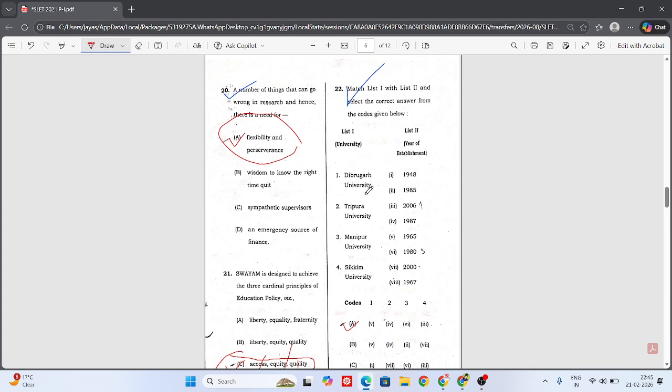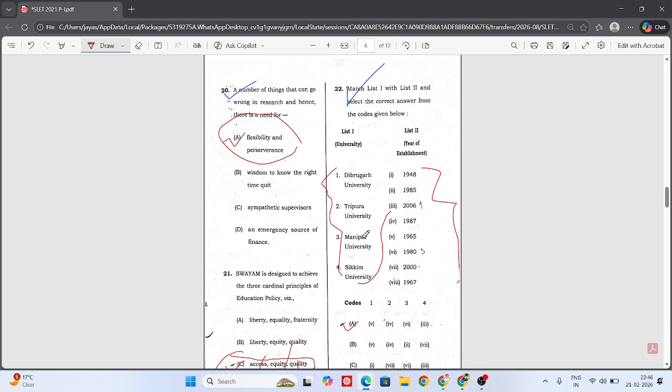Match list 1 and 2 again. There is a list of names of universities of the Northeast, and here are the established dates. Sikkim University, I think, is 2006, because it's not very old.